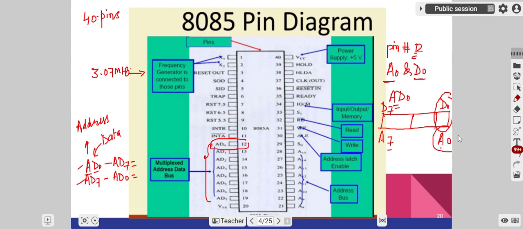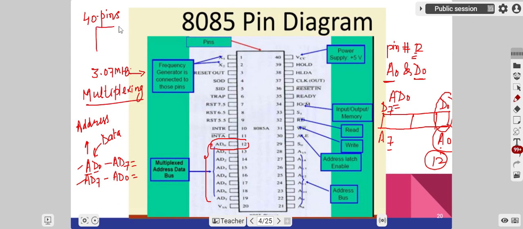So A0 is also pin number 12. So these pins 12 to 19 are used as address pins as well as data pins. Why? Because these are multiplexed pins. Multiplexing has been done here.